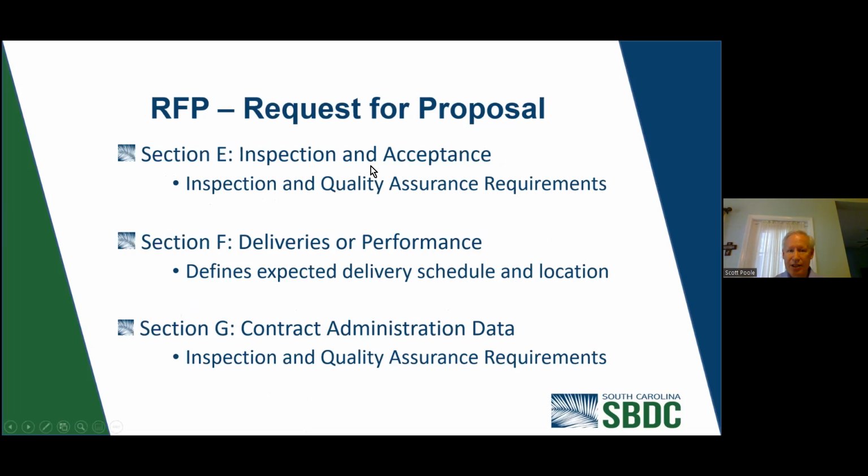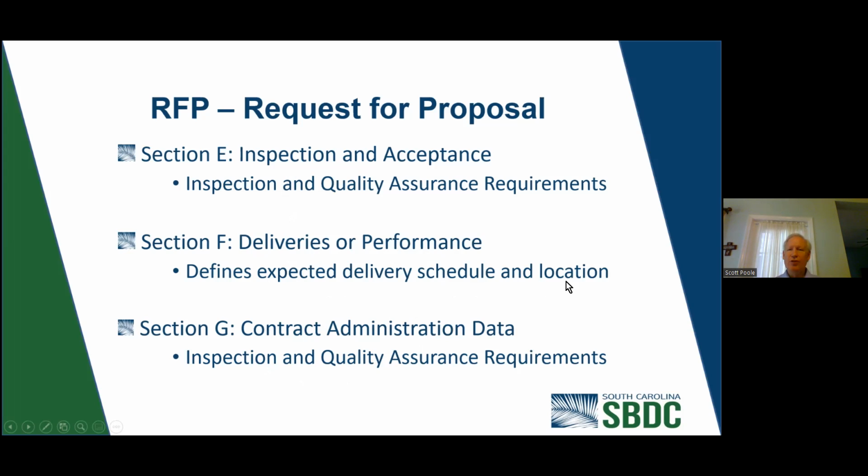Section E, inspection and acceptance. Looks like I got this twice here. Contract administration data is actually the administration data that goes through the contract. I need to update that slide, sorry about that. But when you go to Section F, deliveries and performance, that's where you're defining the expected delivery schedule and location.